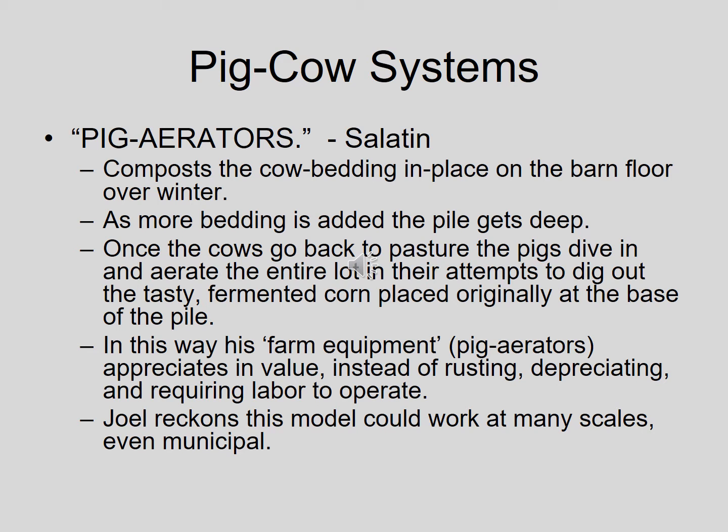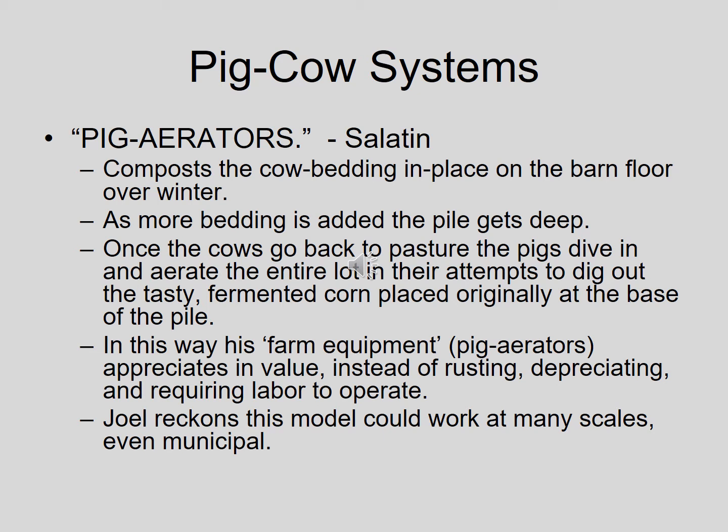But in this pig aerator system, once those cows go back out to pasture, he lets the pigs come in and dive in and aerate that entire lot of straw and dung and compost. He will add fermented corn to the pile here and there as the winter goes by, so those pigs get in there and root it out.